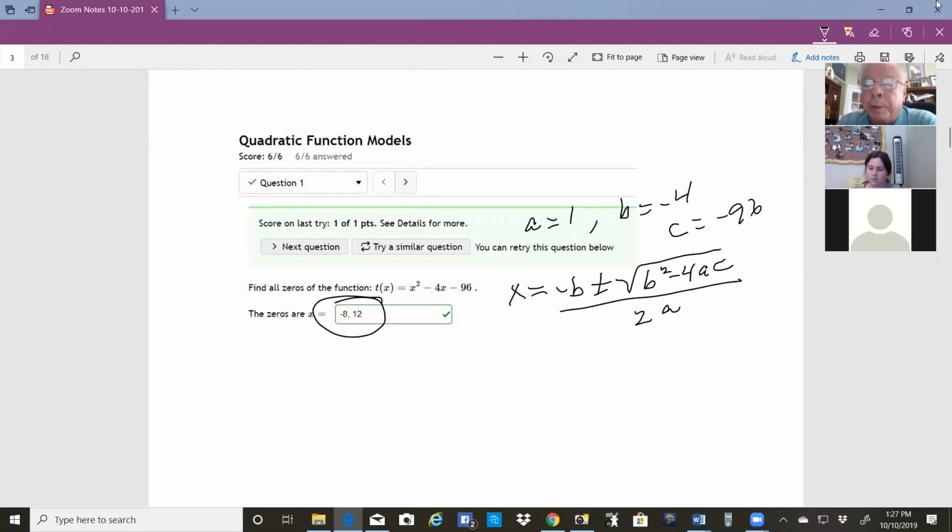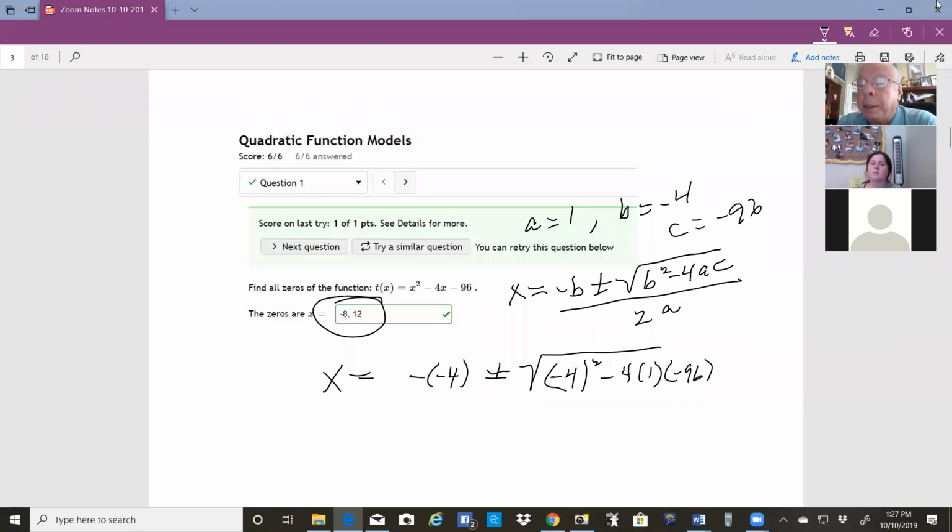So this is going to give you some big numbers. Minus B is going to be minus 4, plus or minus the square root of B squared, which is minus 4 squared, minus 4 times A times C, which is minus 96, all over 2A, which is 2.